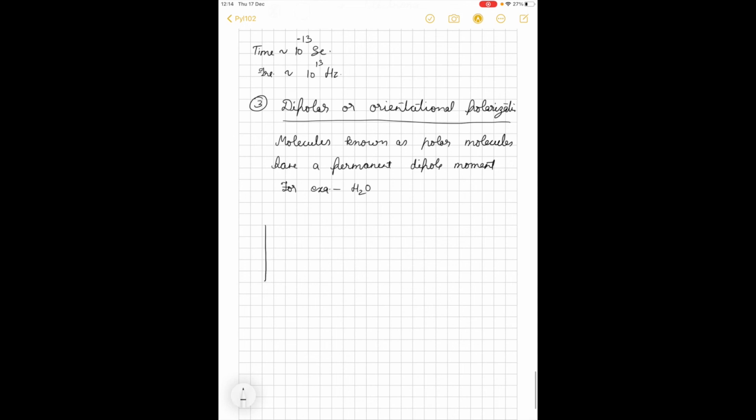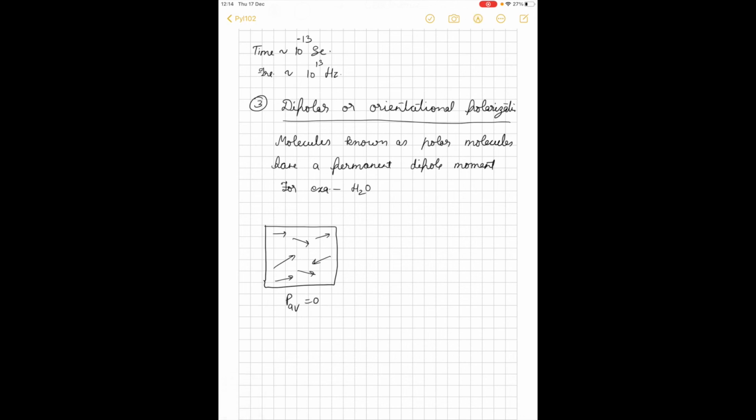If I can just draw it down, for example, let's say we have a system with water molecules inside, and in the absence of an electric field, if I calculate the average polarization, P average, this will be 0.